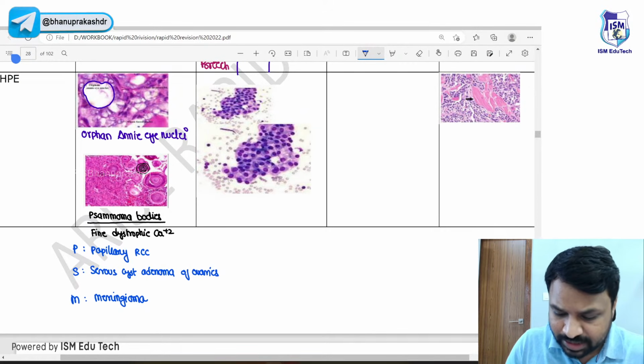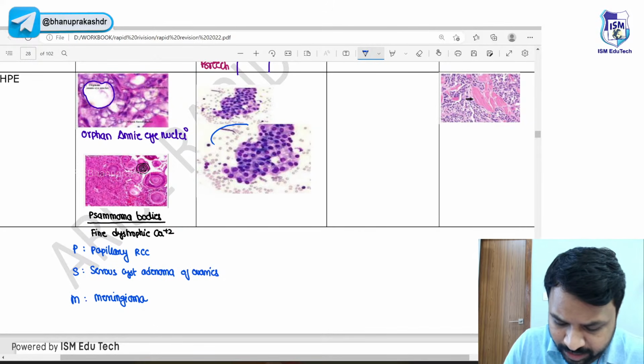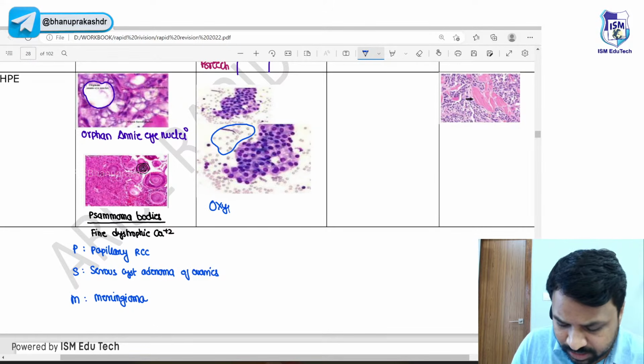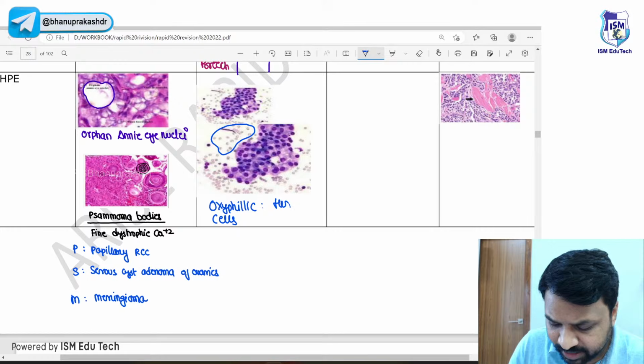Now you see these empty cells, you can see they are not stained, no? These cells which are not stained, these are what we call oxyphilic cells. Now if the oxyphilic concentration is more, it is defined as the Hurthle cell carcinoma.